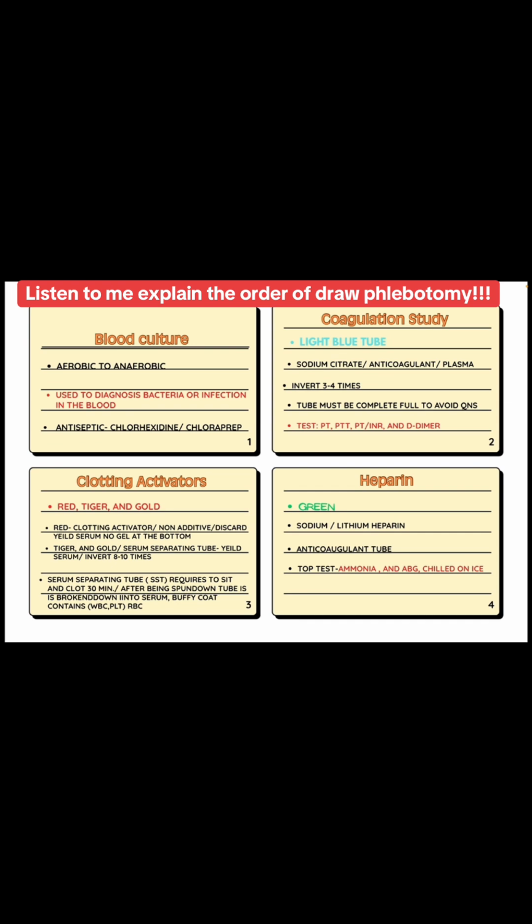Important tests that go along with our heparin, our green, are ammonia and arterial blood gas, and these two tests need to be chilled on ice. Don't forget, these are considered to be special handling tests.